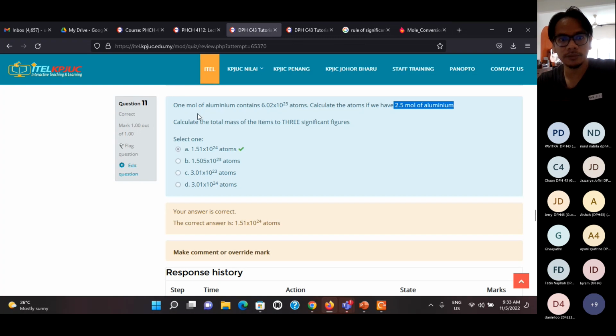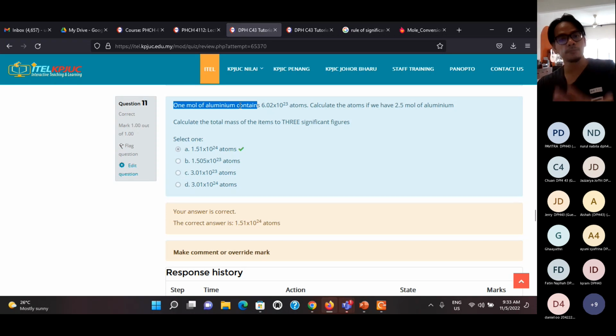Dalam soalan ni, saya suruh kamu calculate the atoms of aluminium if we have 2.5 moles of aluminium. Okay, bagi satu kenyataan kat sini. 1 mole ada 6.02 darab 10 kuasa 23 atom. So kalau kita ada 2.5 mole, how many atoms do we have?